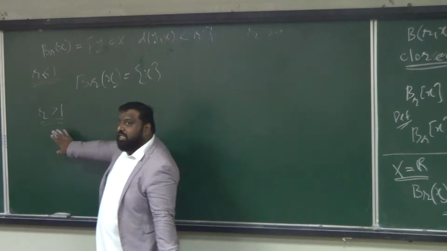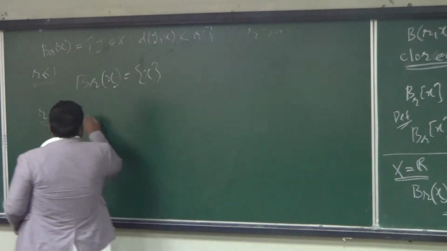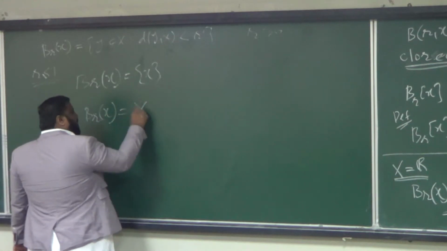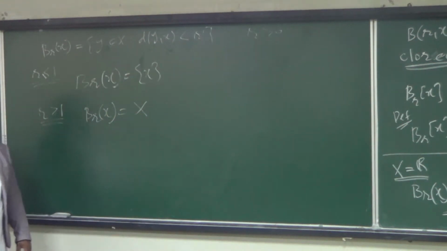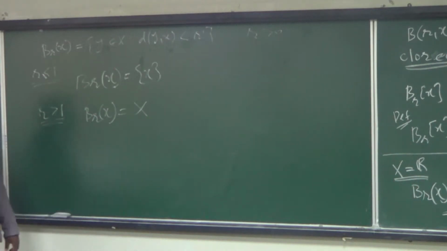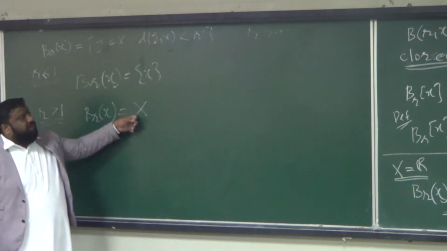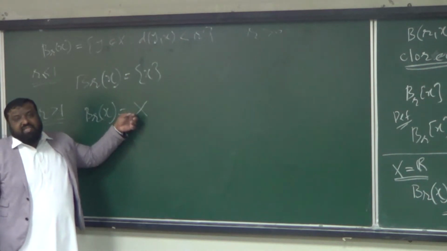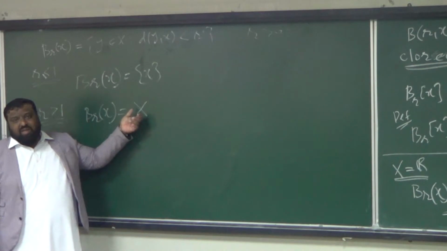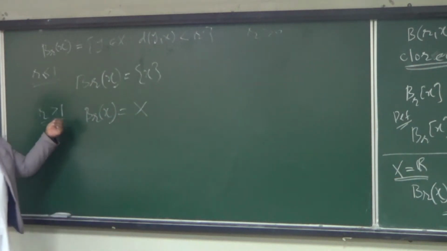Anyway, if r is bigger than 1, then every single point of this space is going to be in B_r(x). Why? Because you take any point from here, the distance between that point and x can be at most 1, while the radius is strictly bigger than 1.